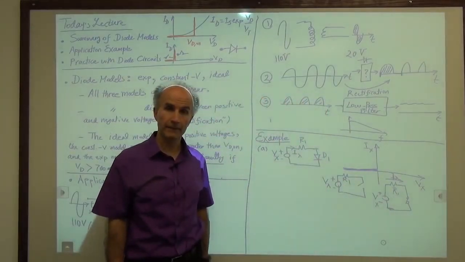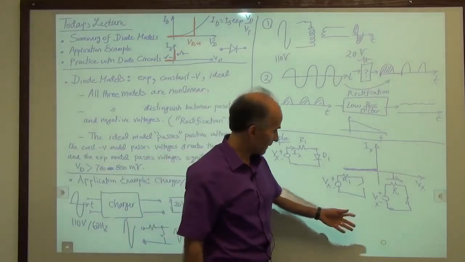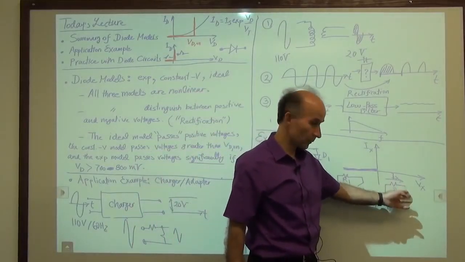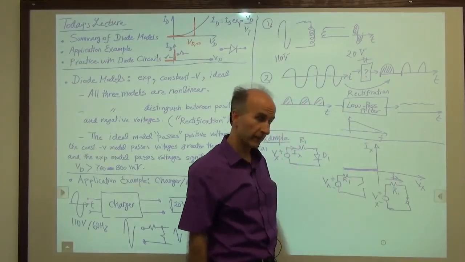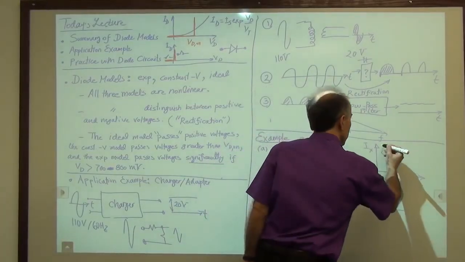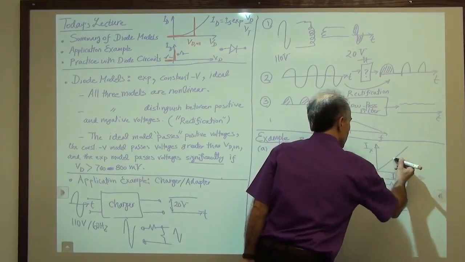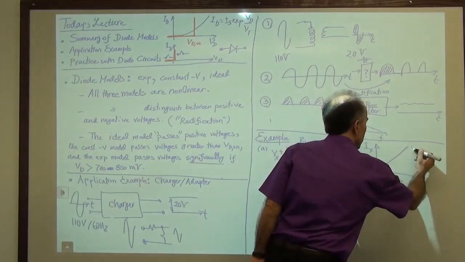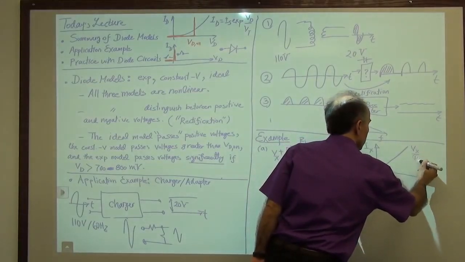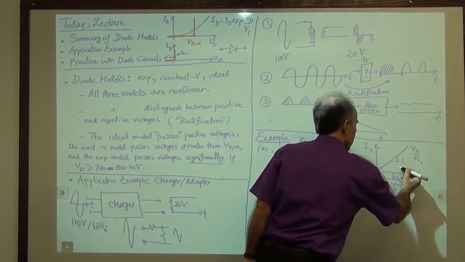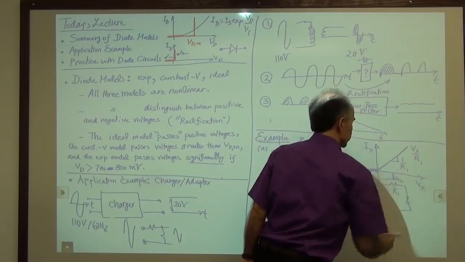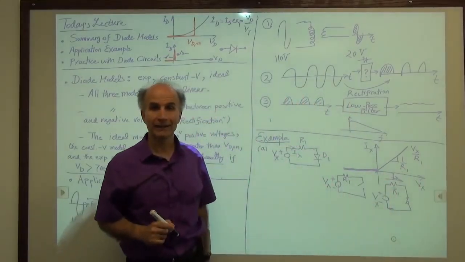How much is Ix? Well, all we have is a voltage and a resistor. This is a short circuit. It's a piece of wire, right? So we have Vx over R1 is equal to Ix. So Ix in this region is Vx over R1, which means the slope is just 1 over R1. And that's not that unfamiliar.